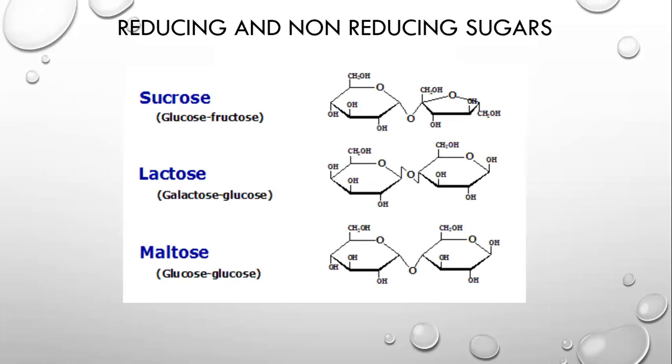That carbon is the anomer. I'll explain again. In all carbohydrates, like all carbons of glucose, let us take the example of glucose.